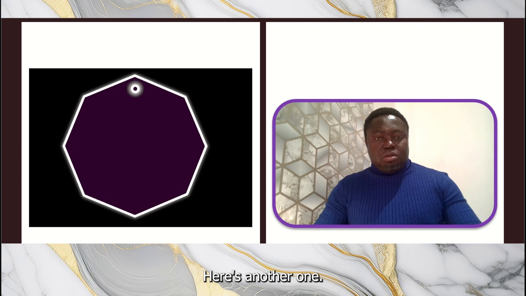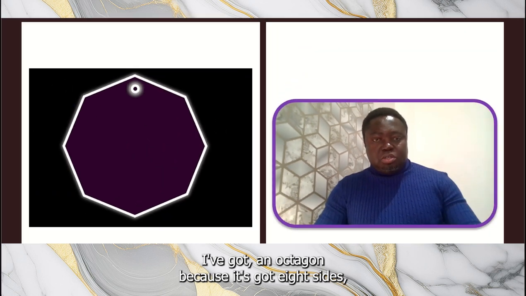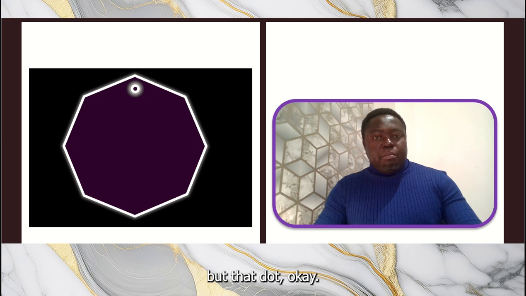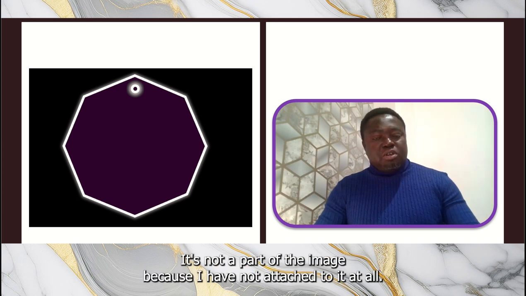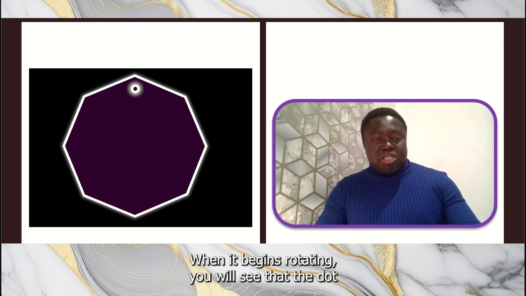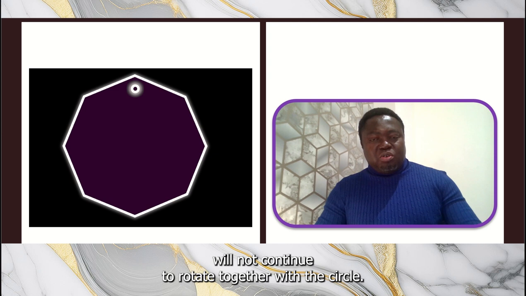Here's another one. I've got an octagon because it's got 8 sides, but that dot is not a part of the image because I have not attached it to it at all. When it begins rotating, you will see that the dot will not continue to rotate together with the circle.